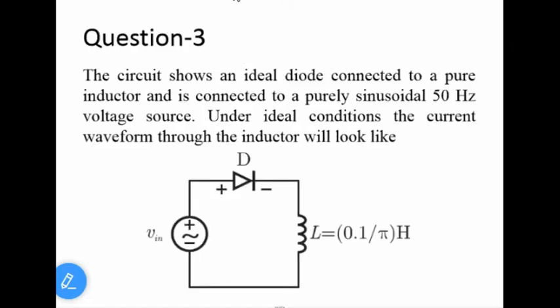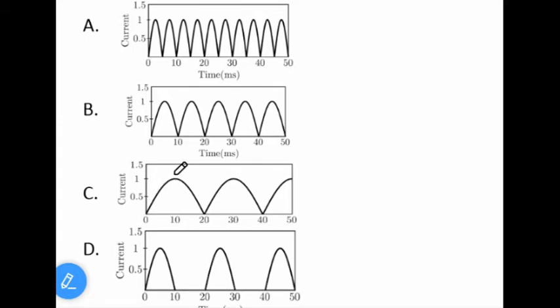Now circuit 3, the answer here is 1 positive pulse for 20 milliseconds. Therefore, C is the answer.